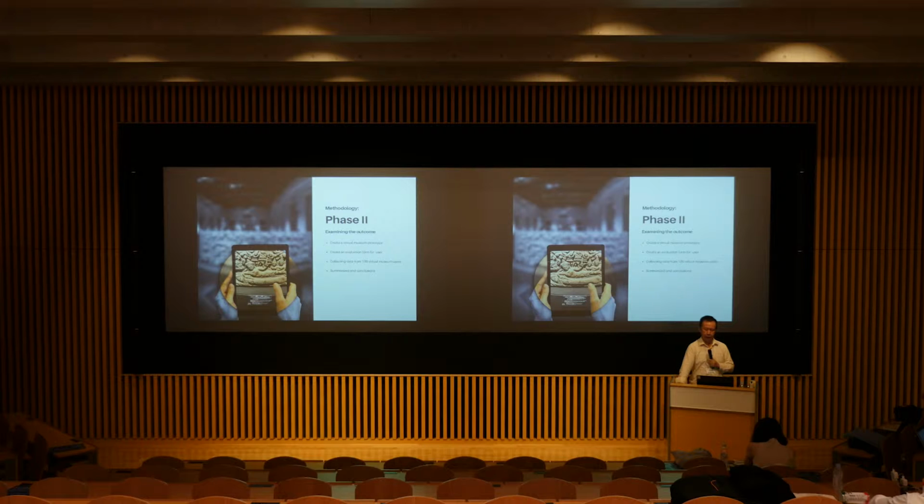In phase 2 of the methodology, we created the prototype. That's what you see. And then we created an evaluation form for the user and let the user play with the virtual museum and respond. So we got about 100 responses so far.